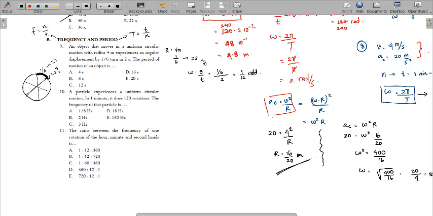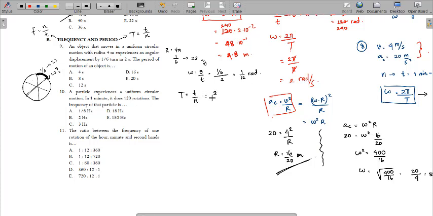Okay, let's just continue first. You are asked to find the period. T is, can you use time divided by n? Maybe yes.